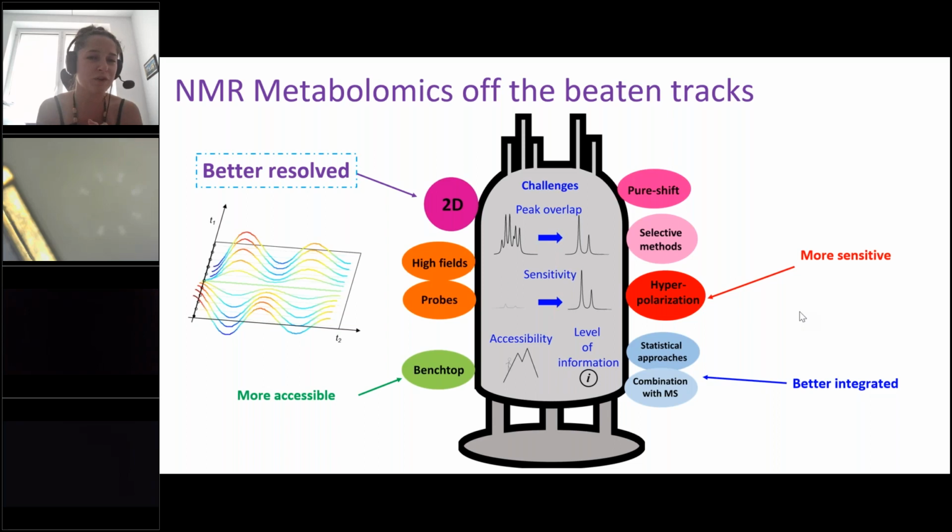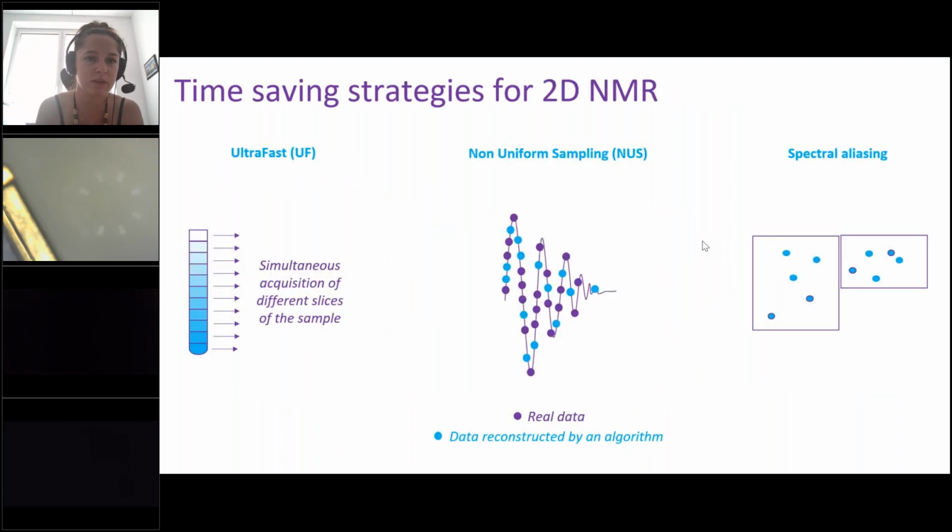Obviously, we don't have two temporal dimensions, and in this case, that means that we need several acquisitions, one after the other, on the same sample, which makes the acquisition time very long and not compatible with the high throughput criteria of NMR metabolomics. So there are a lot of different ways to make 2D NMR more rapid and actually compatible with the high throughput criteria.